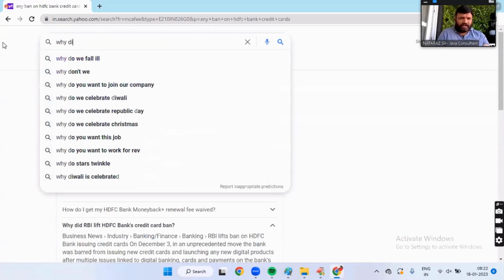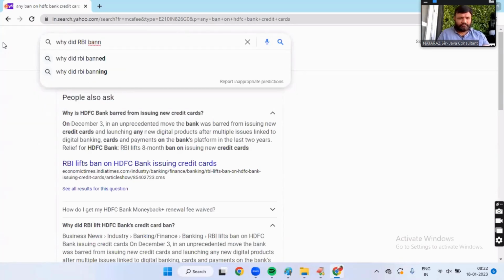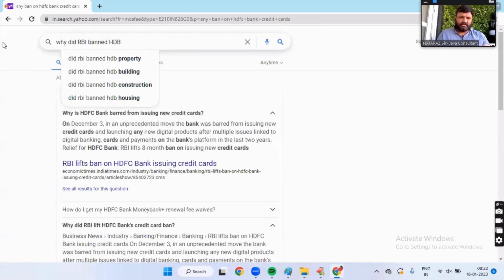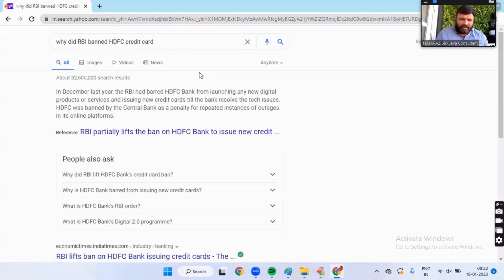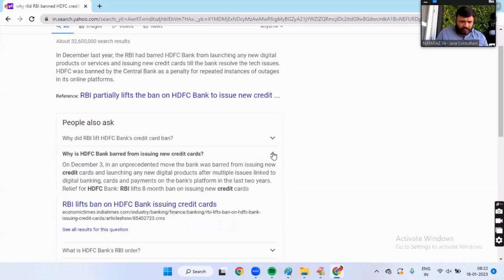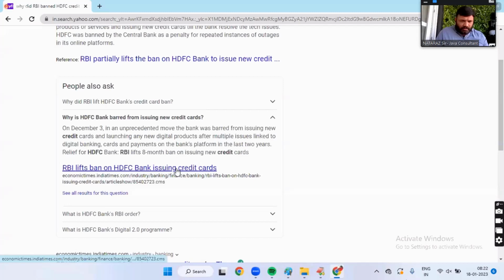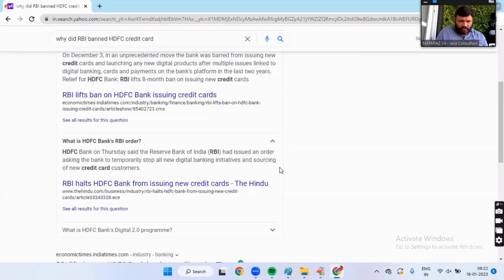Why did RBI ban SDFC credit cards? SDFC, all digital banking initiatives and sourcing of new credit card customers.